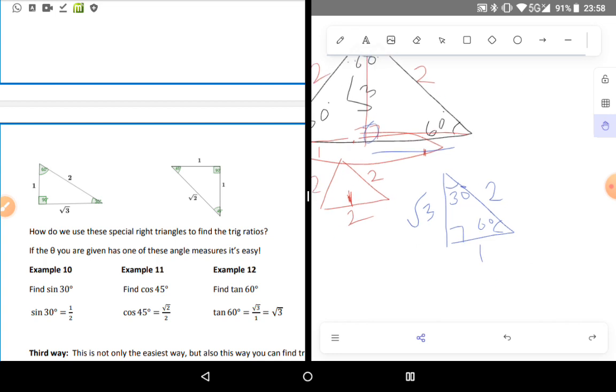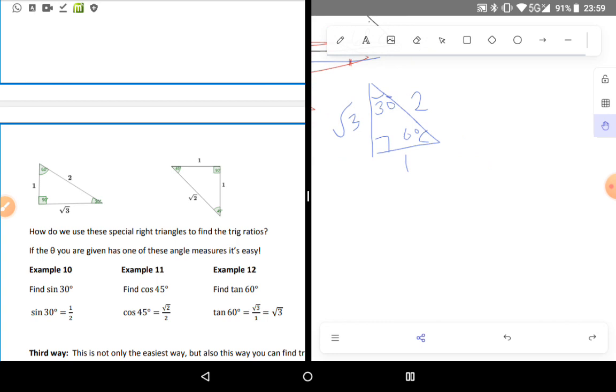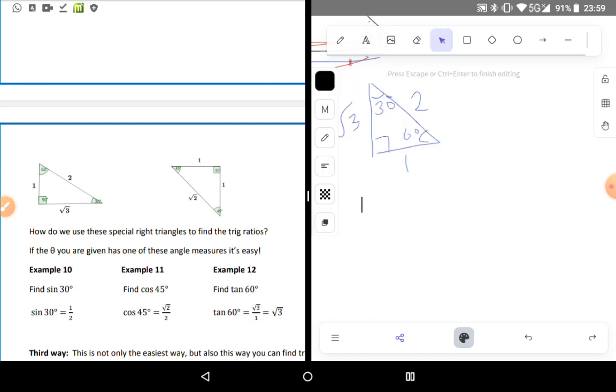So to solve a question pertaining to this, let's say for instance I'm asked to find sine 30.